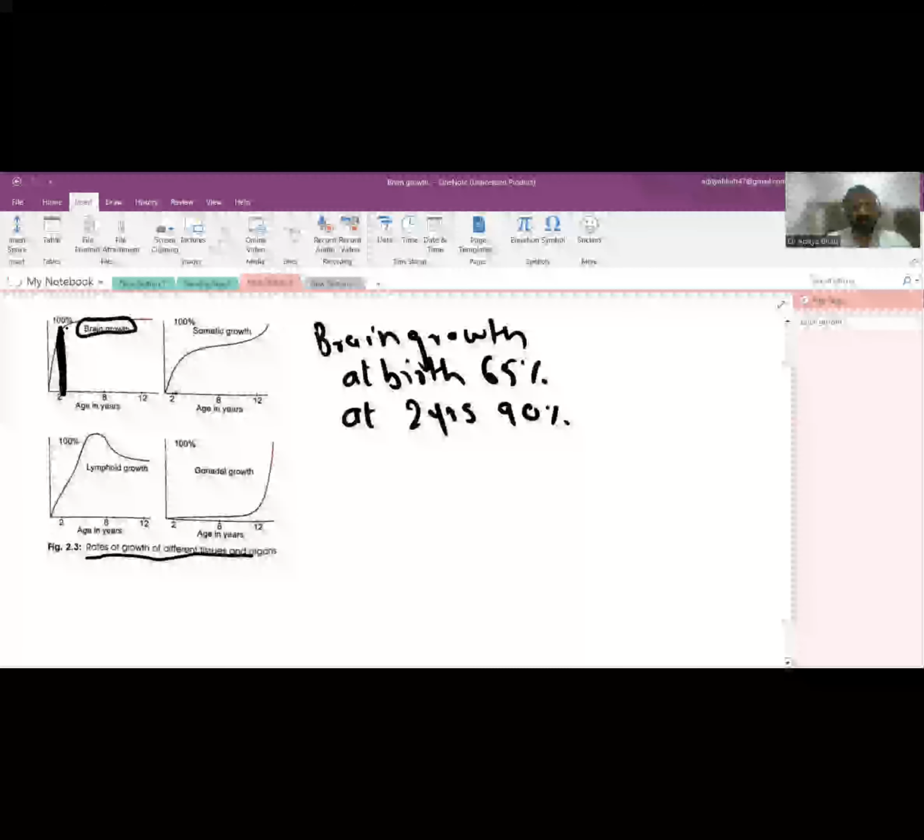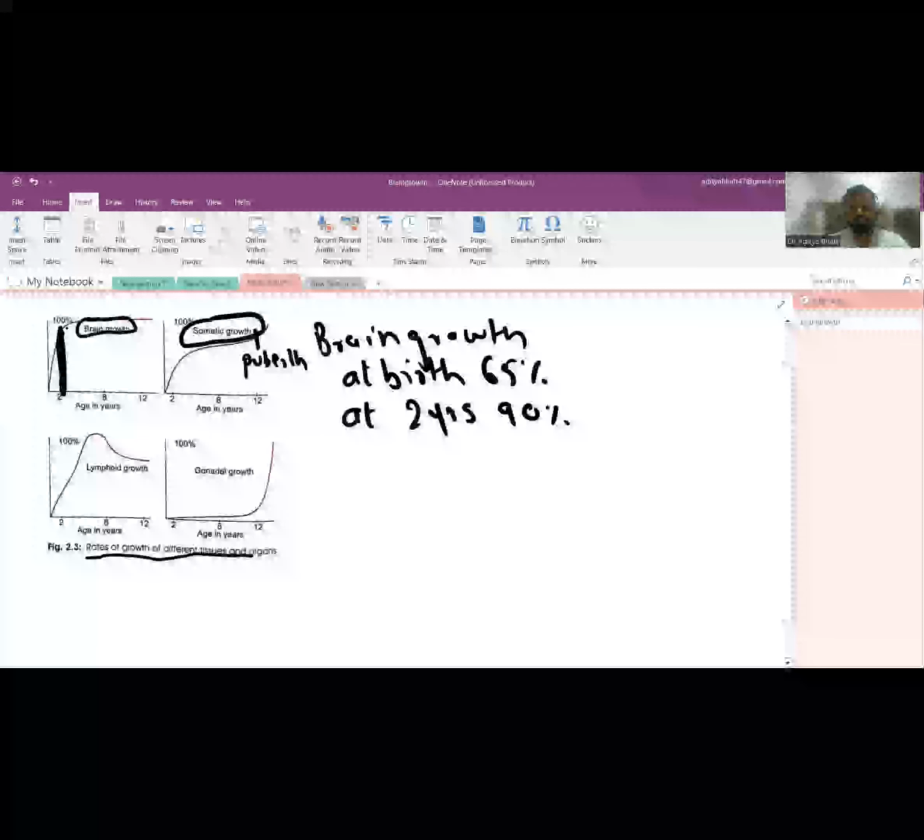Somatic growth, again here, initially somatic growth occurs, and then again it increases at the puberty of the child. So this is the somatic growth chart, and this is very important because it is an S-shaped curve, and it is associated with 2 spikes of growth. 2 growth spurts are there, one at early childhood and second at puberty.